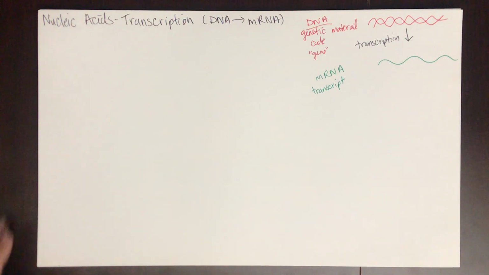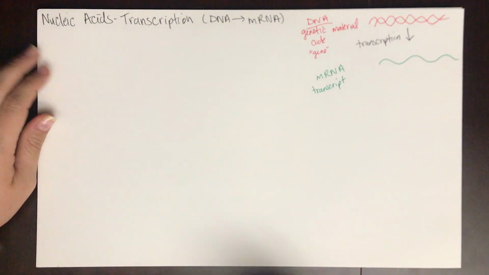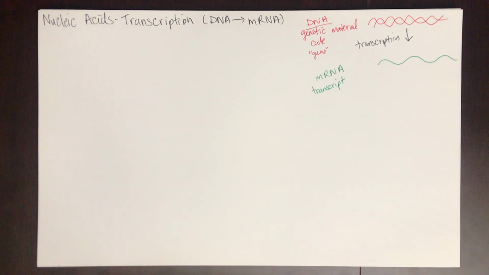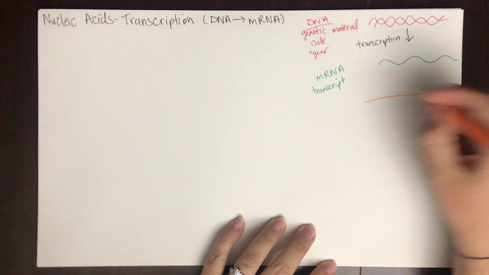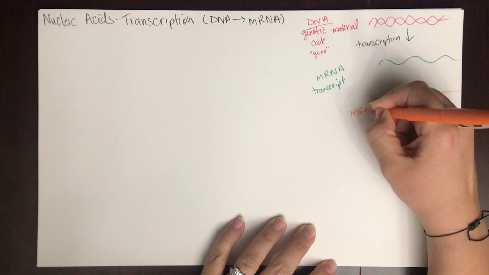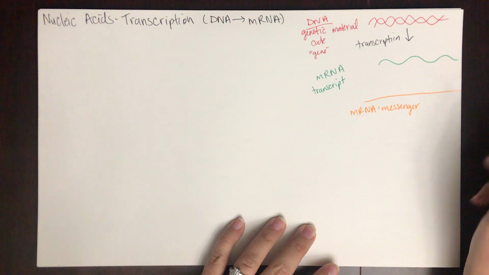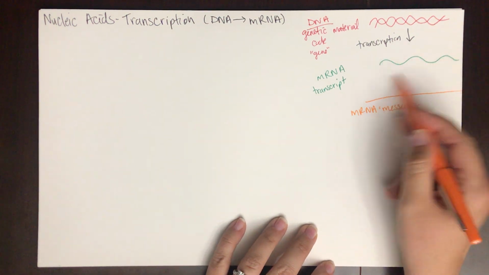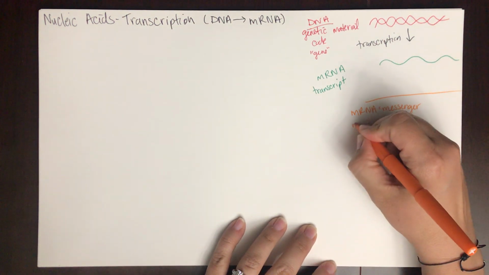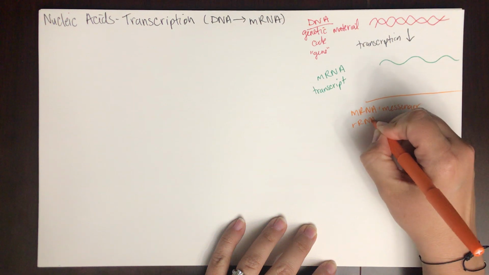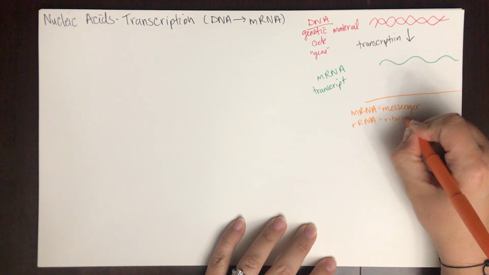First, let's just say what the types of RNA are. There is mRNA. M stands for messenger. It's the message. It's this transcript. There's rRNA. R stands for ribosomal.